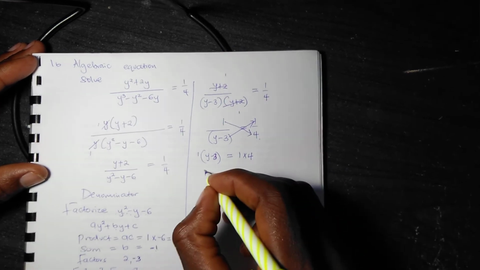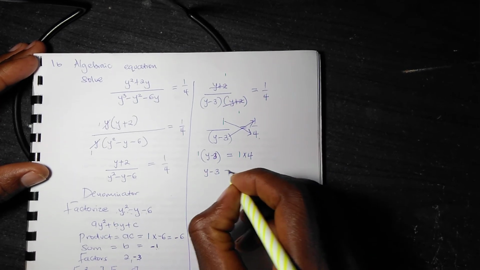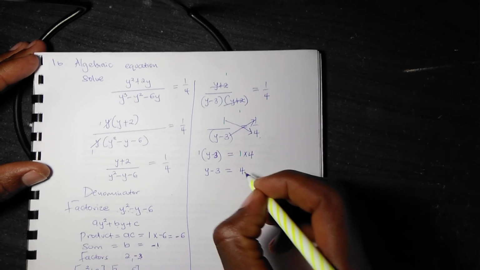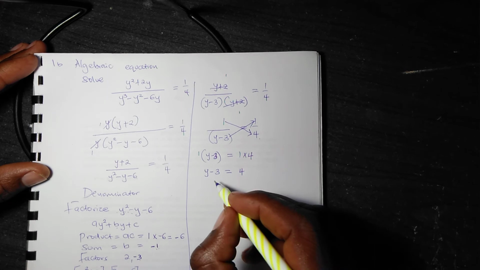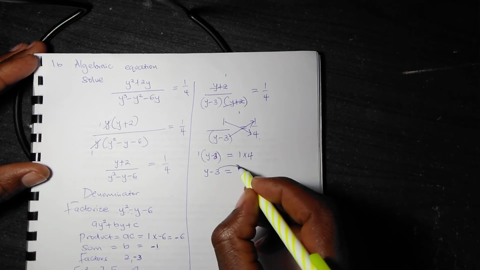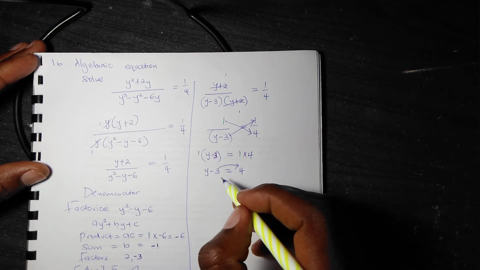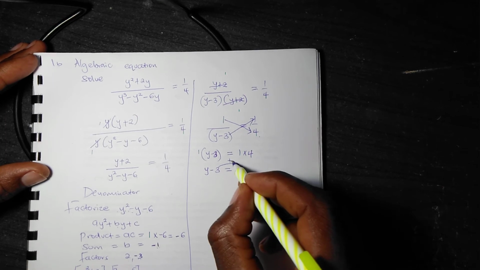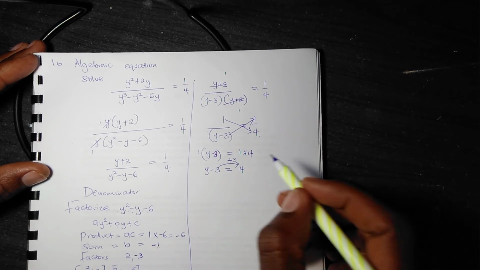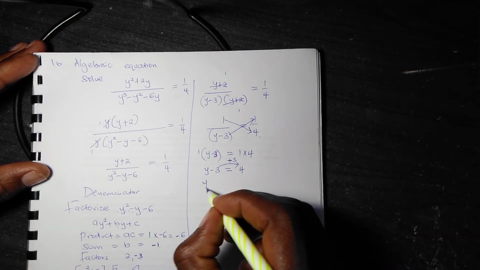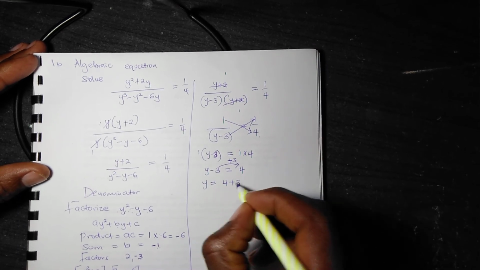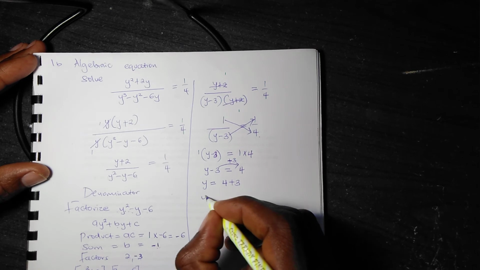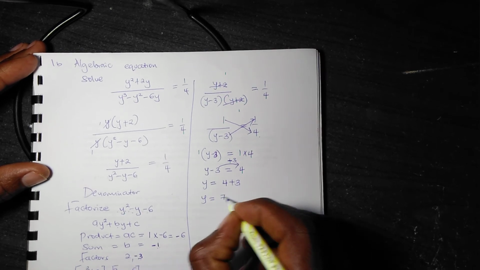You realize that here it will remain just y minus 3, and on the other side it will remain 4. We take the negative 3 to the other side, and when it jumps the equal sign it becomes positive, so y is equivalent to 4 plus 3, and therefore you end up having y equals 7.